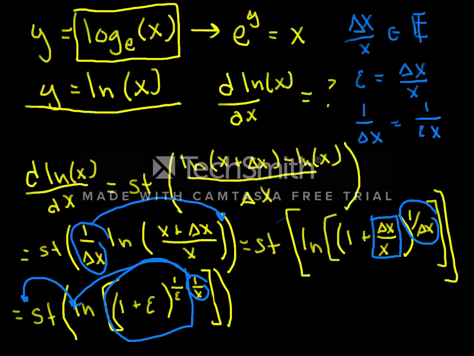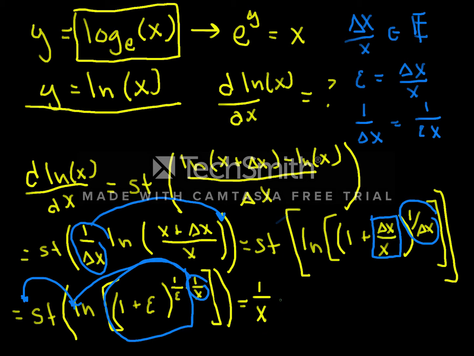So now, simplifying and doing those two steps together, I get that this is equal to 1 over x, because remember, this came out of the natural log function, and then I can simultaneously factor it out of the standard part.